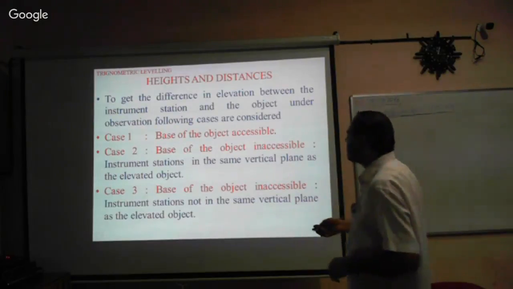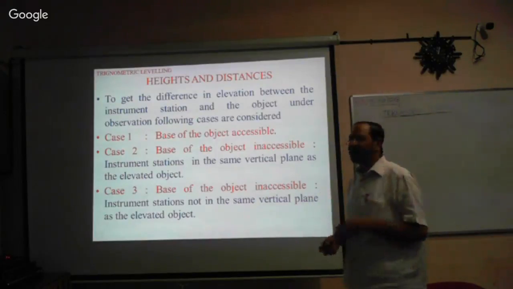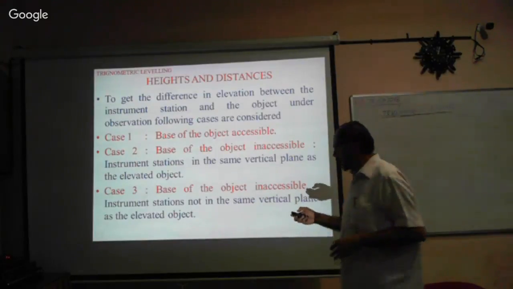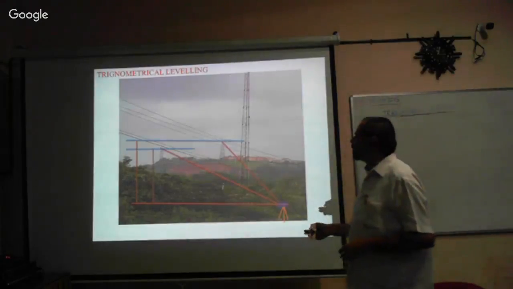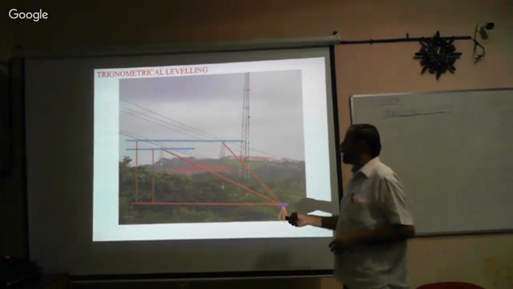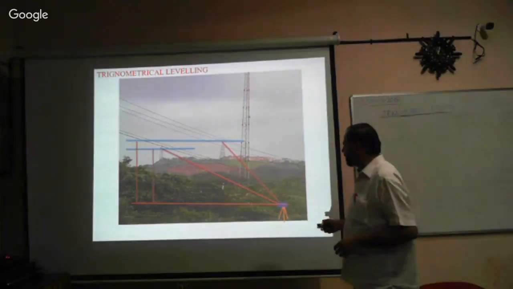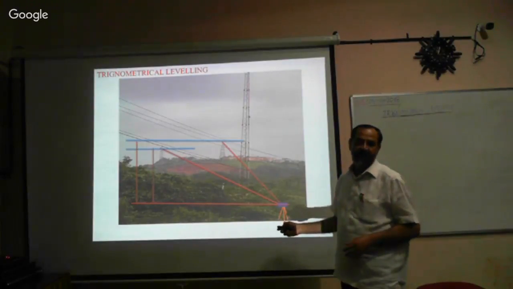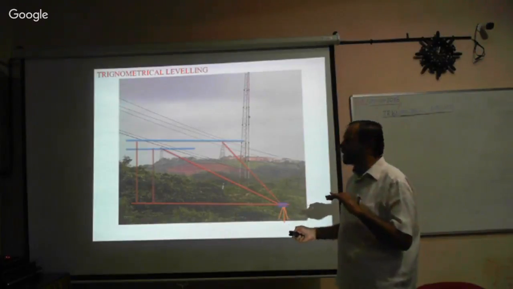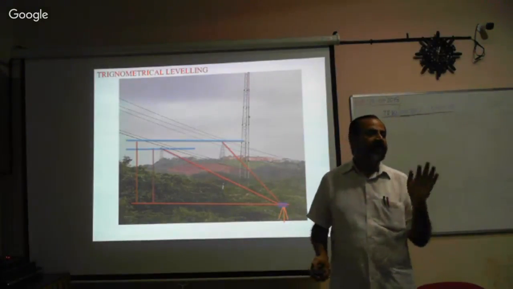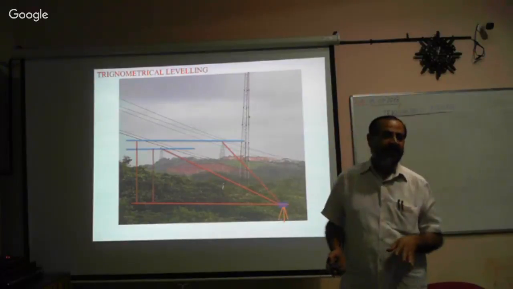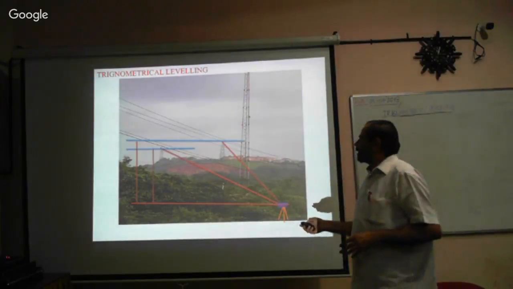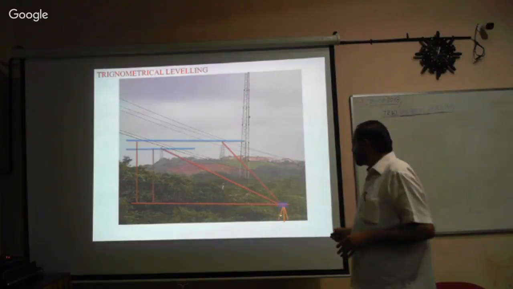The second case: the base of the object is inaccessible. I already showed the figure. It is not possible to reach the base. It is not possible to measure the horizontal distance from the instrument station to the object. Those cases are called base of the object inaccessible. Similarly, see here we can reach the base of the object.